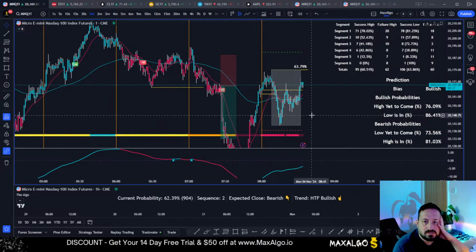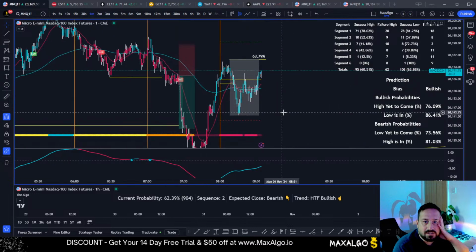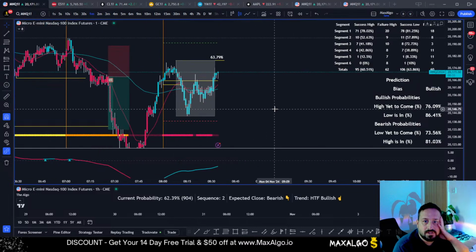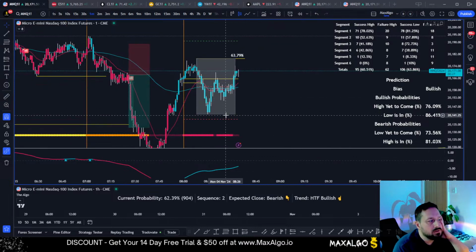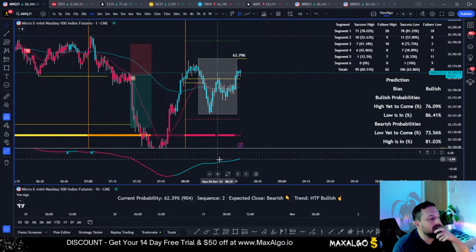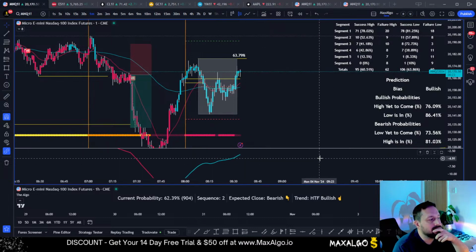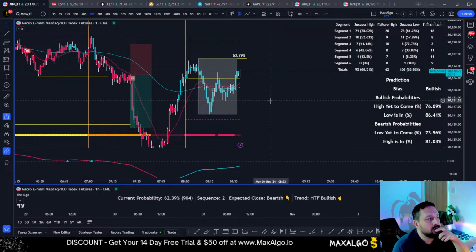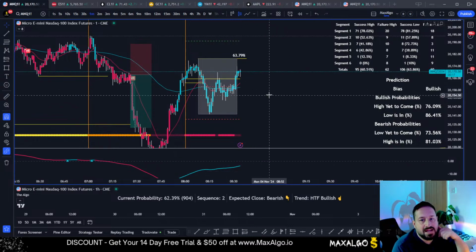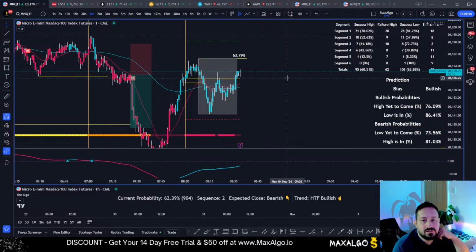Transitioned. I was liking it. I'm coming up towards that zero line. You can see. Will we make it? So right now, if we are going to go bearish, there's an 81% probability that this is our high.